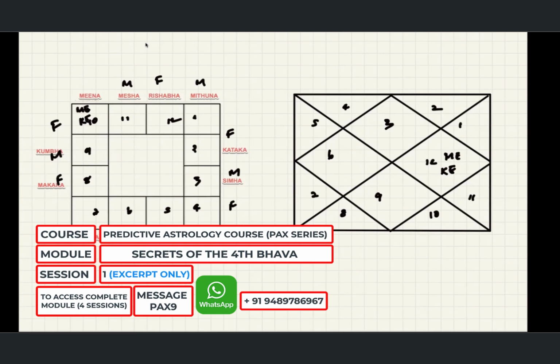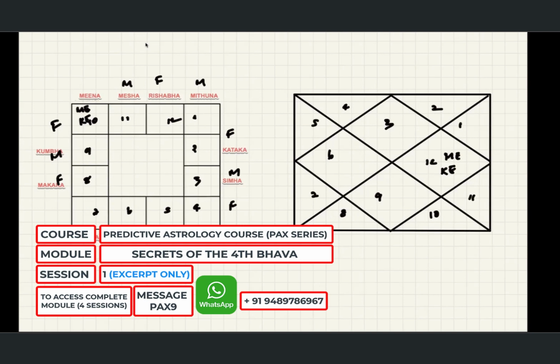The fourth bhava having a Moon. Whenever you see Moon in the fourth bhava, immediately it should strike your mind that this is getting into a dikbala. It is getting into a strength, right? So you have ucha, which is exaltation.